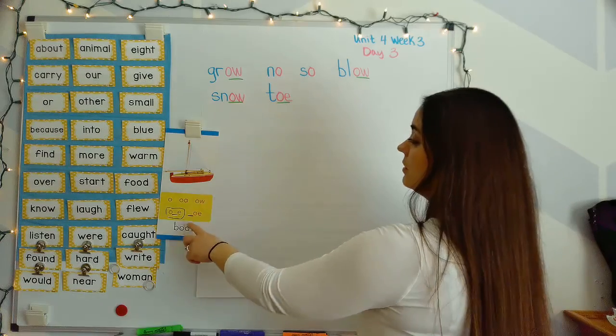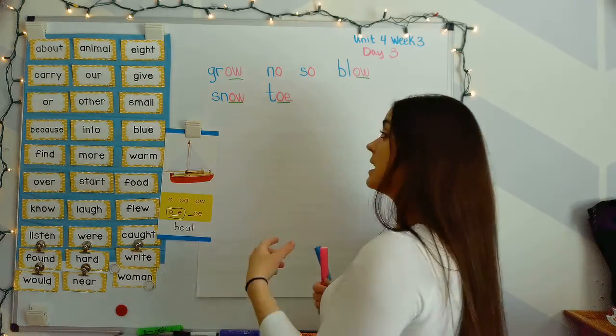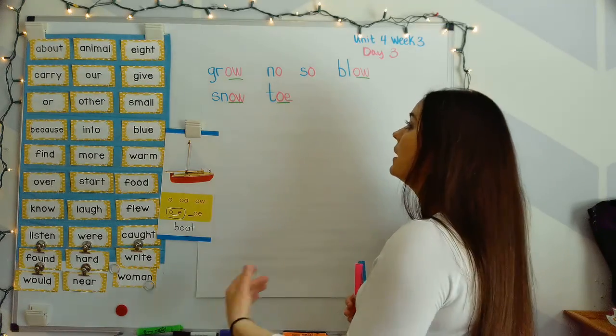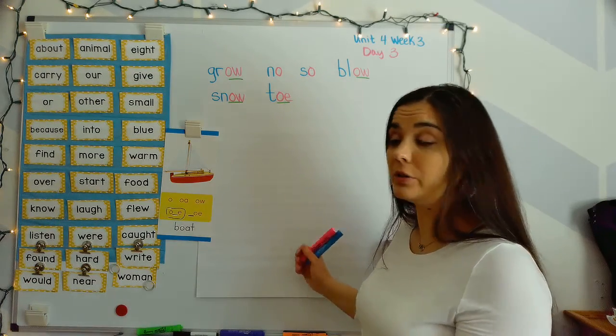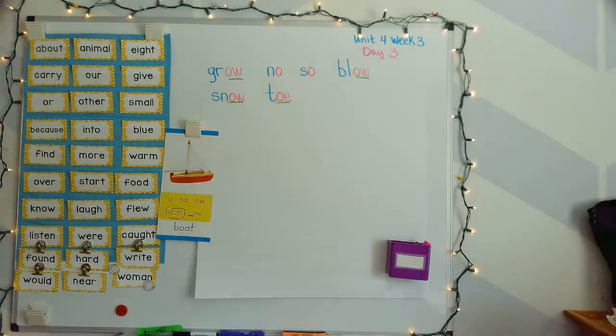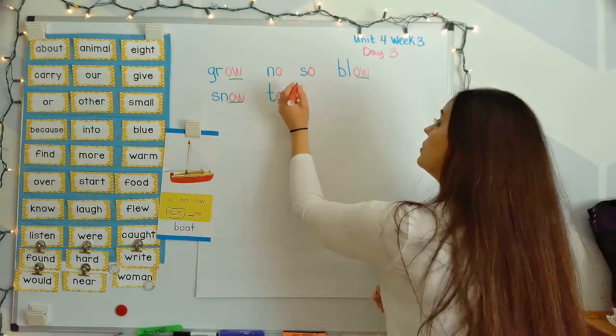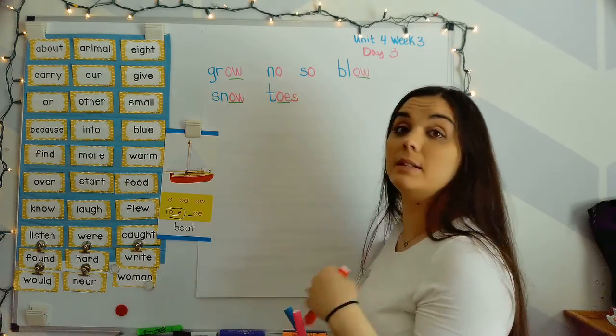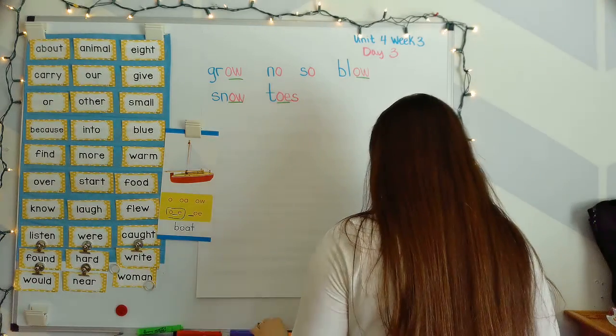So in the word toe, that blank is t. So this is one toe, like you have one toe on your foot, but you don't just have one toe on your foot. You have many toes. So that means we have to add an S to this word to make it plural. So remember, plural means more than one.